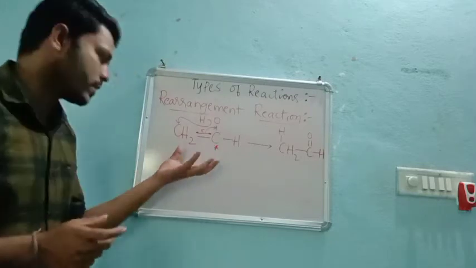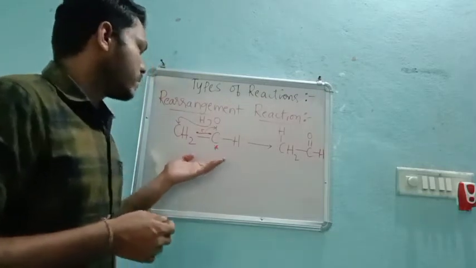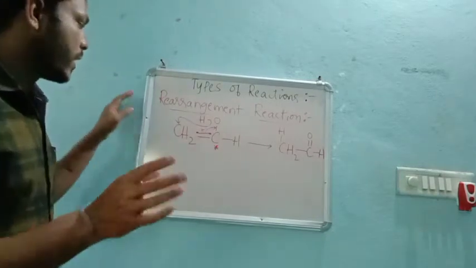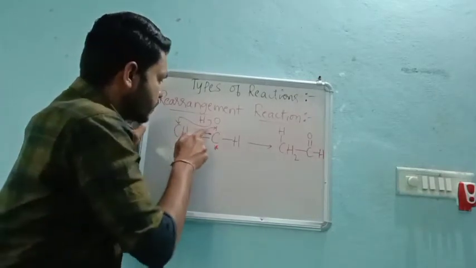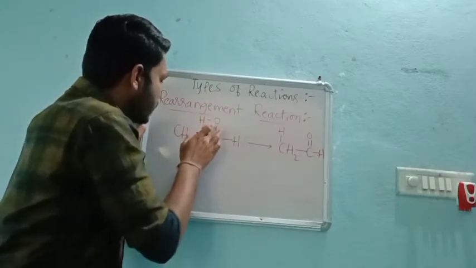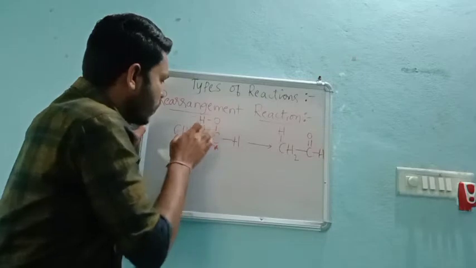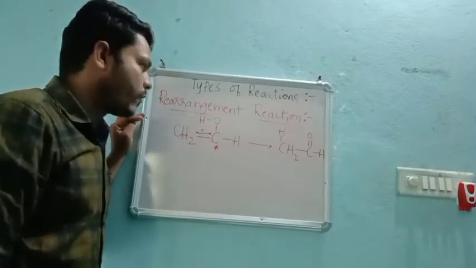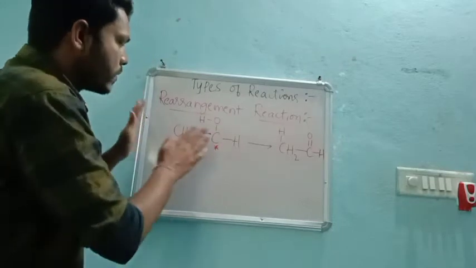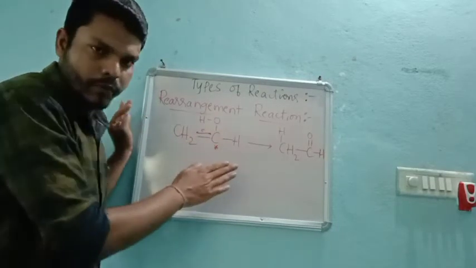Again, I know that this part is very hard, tough. So again I will explain. See, first of all, we have to go with the pi bond, right? Once you know what a pi bond is and all, then definitely it will be easier for you. So in actual, this compound was like this before.